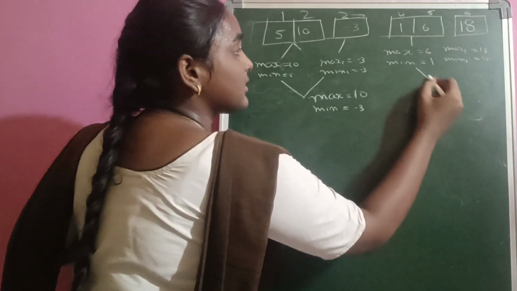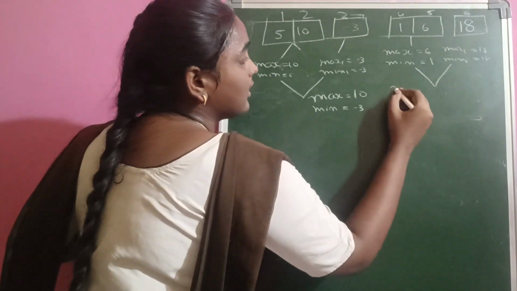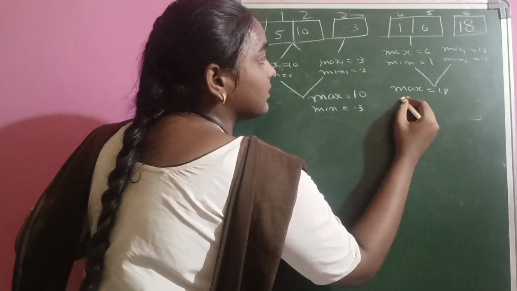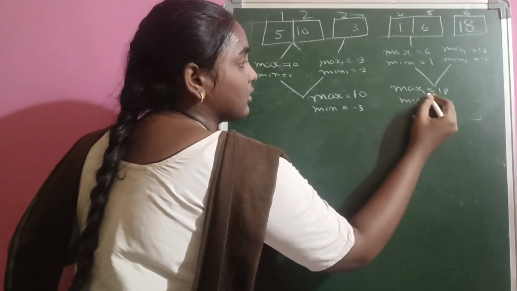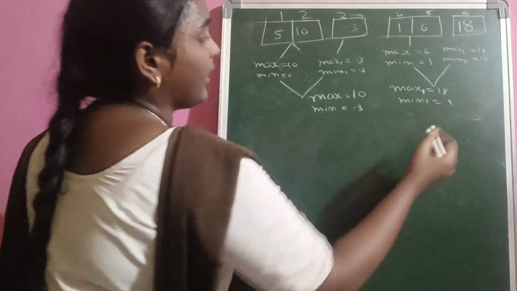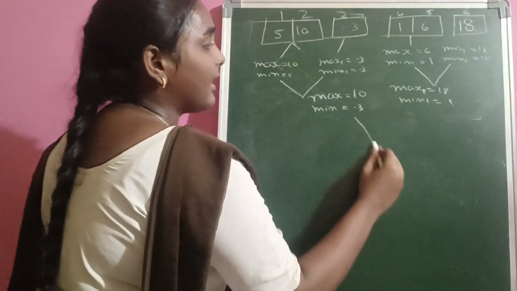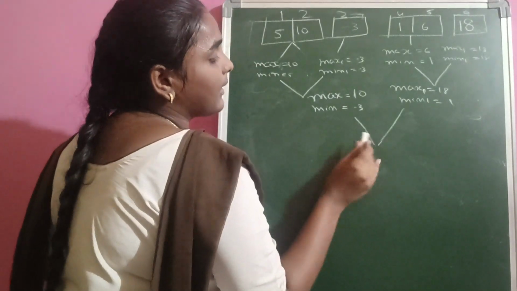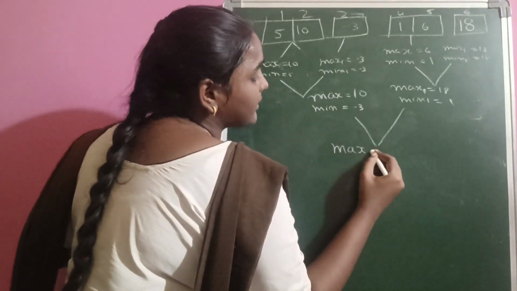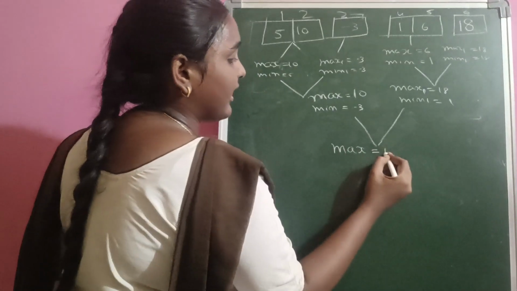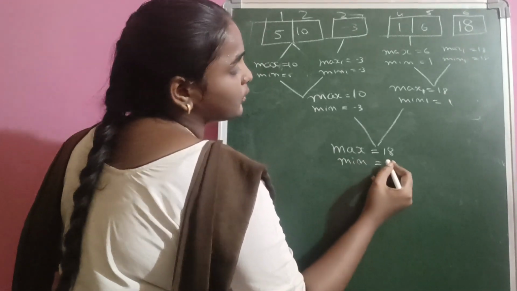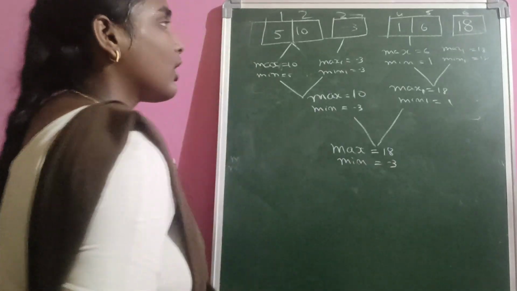Again we combine this: max is equal to 18, min is equal to 1. So again we combine and compare these. Then max is equal to 18 and minimum is equal to minus 3.